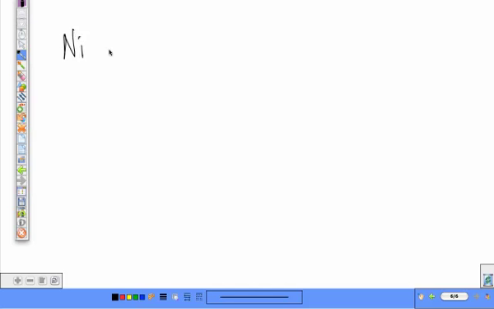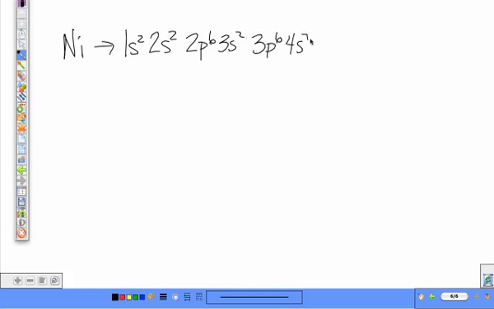Nickel. 1s2, 2s2, then what? 2p6, 3s2, 3p6, 4s2, 3d8. Yep.